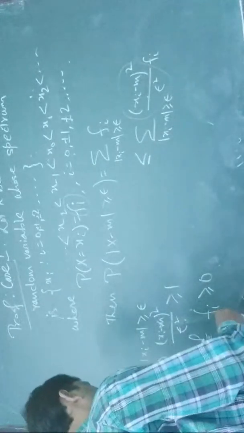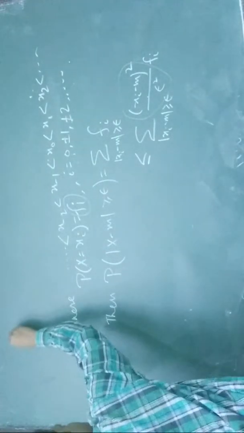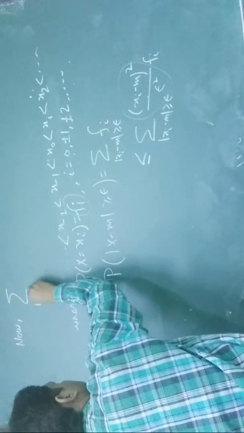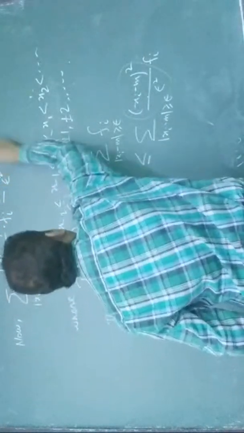For all i, now summation xi minus m whole square by epsilon square into fi is less than or equal to 1 by epsilon square summation.